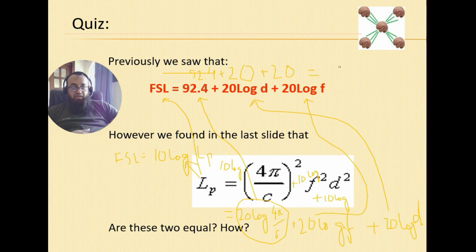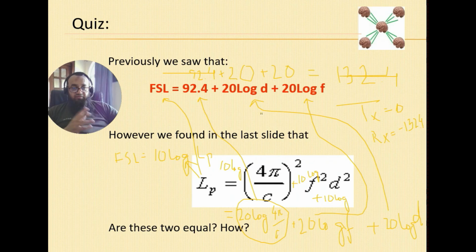So your total loss will be 132.4. For example, if Tx is equal to 0 dB, then your Rx will be minus 132.4. Just to give you an idea of how we calculate for some values.